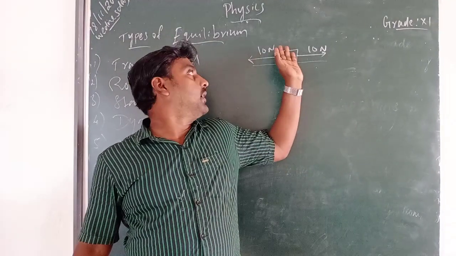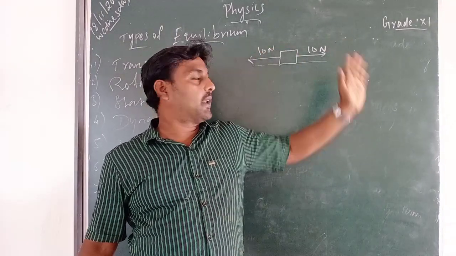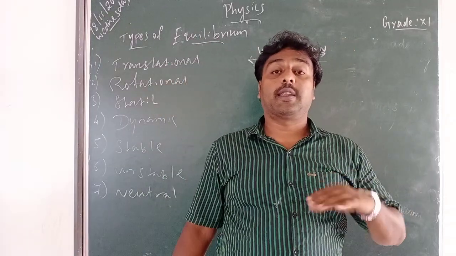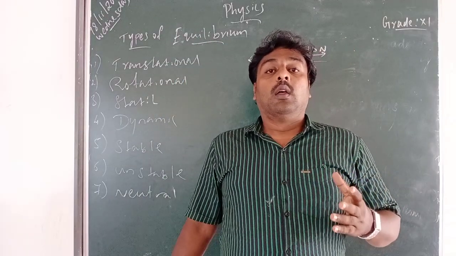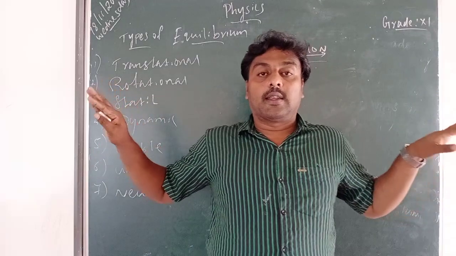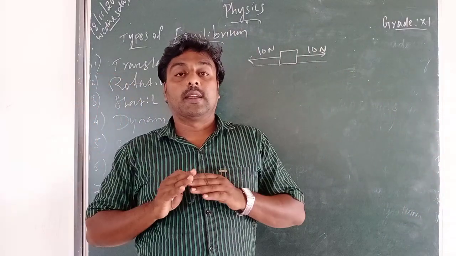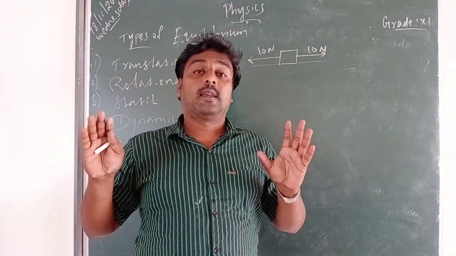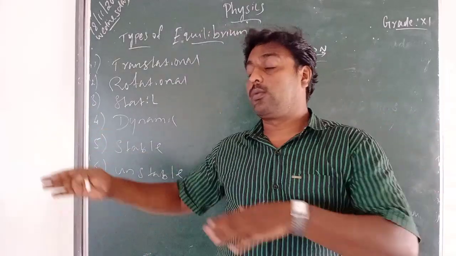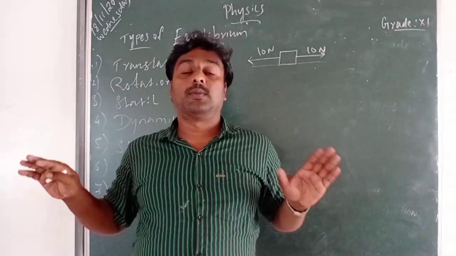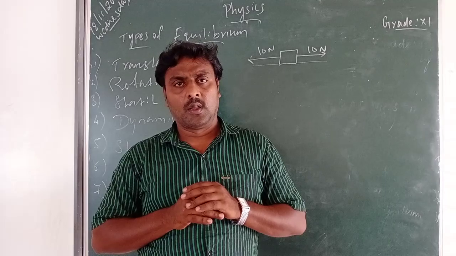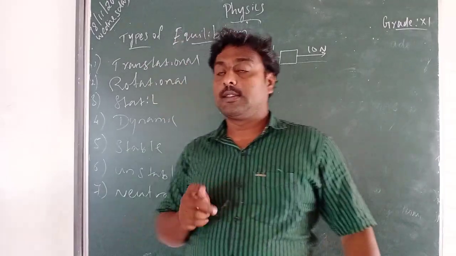Understand? 10 Newton force in this direction, 10 Newton force in that direction, so the net force is 0, and the linear momentum will be constant. That is the first one, translational equilibrium.